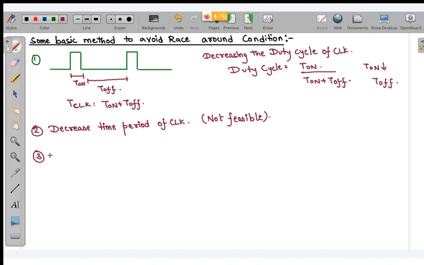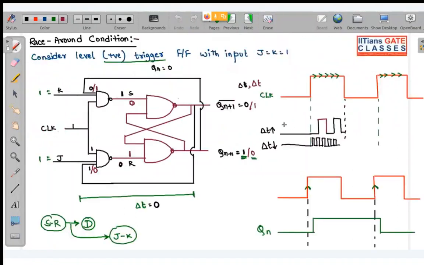What about this one? Any other method you have? So you might be saying, sir, what if we increase the propagation delay itself?